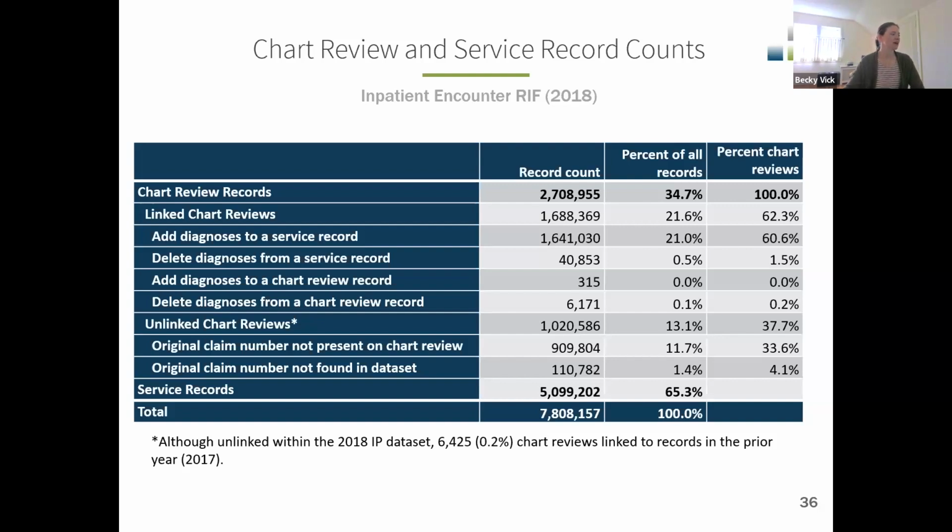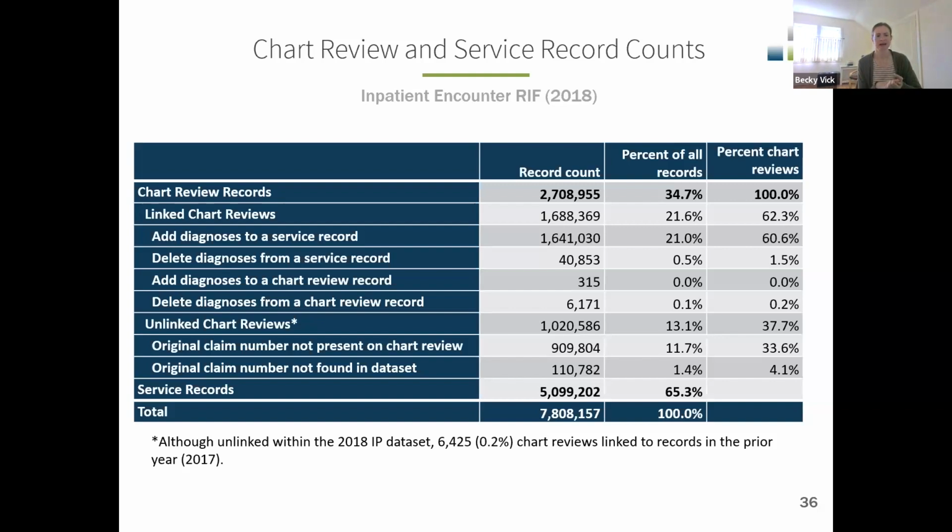We wanted to look at how many chart reviews linked successfully to a service record, how many did not link successfully, and then how many chart reviews added a diagnosis to a service record and how many deleted diagnoses.